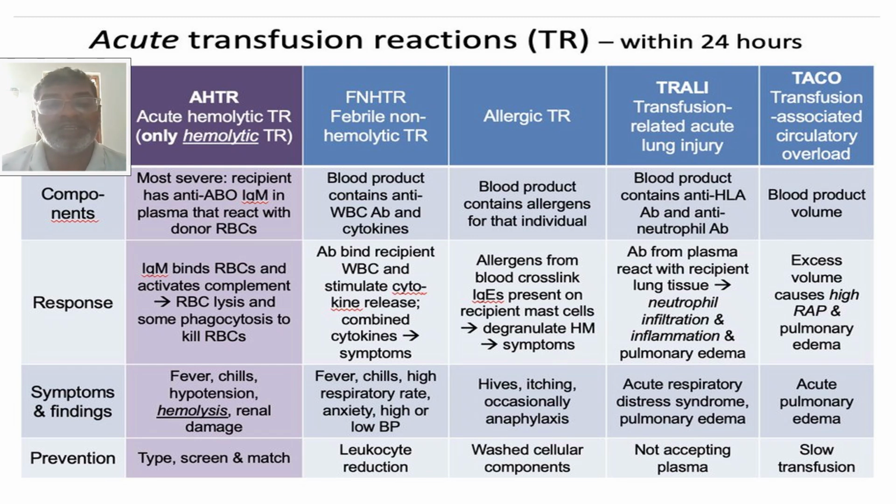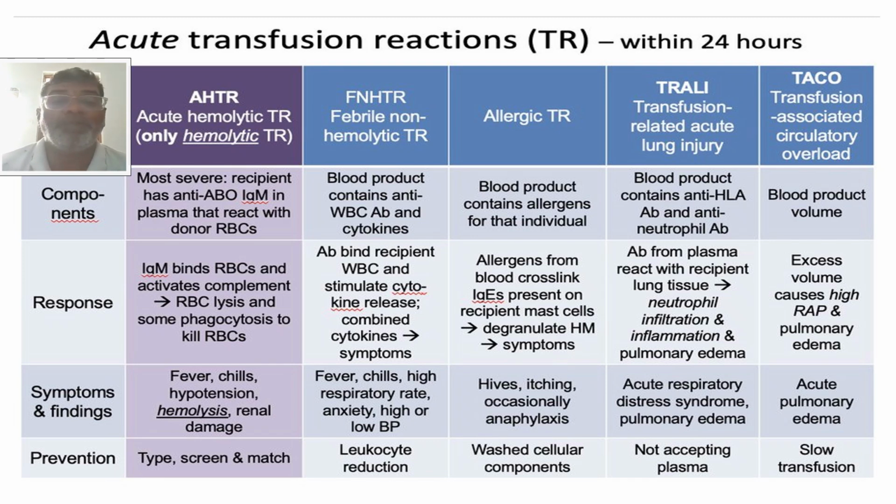These IgM bind with RBCs and activate the complement, thereby causing RBC lysis and some phagocytosis to kill these RBCs. As a result, there will be symptoms: fever, chills, hypotension, hemolysis, and renal damage. Prevention is by typing, screening, and matching the blood before transfusion.